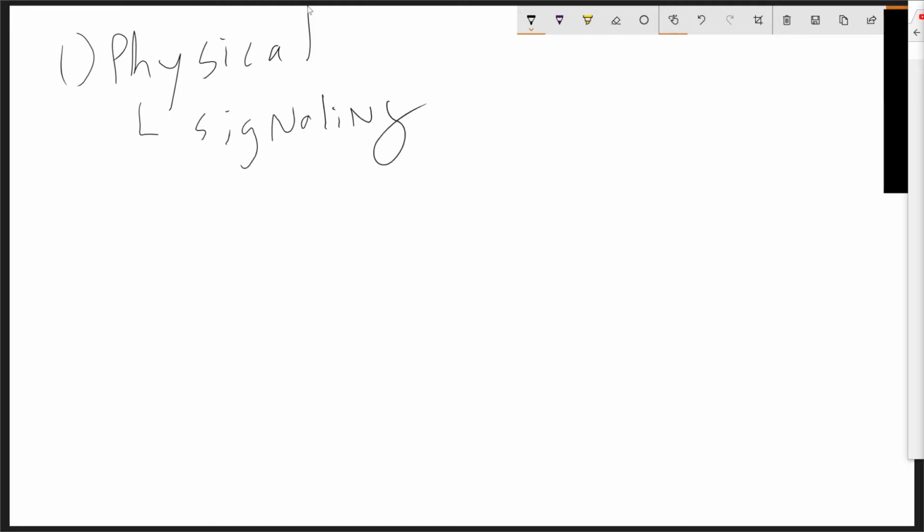Now let's pull back and we're going to talk through each one of these layers in greater detail because it's important for you to understand them. So the first thing is the physical layer, right? The physical layer is going to control what is called signaling. If you've ever seen a digital signal, it's essentially ones and zeros.